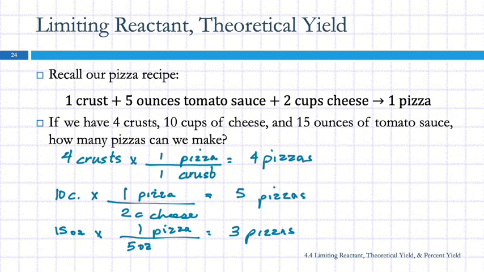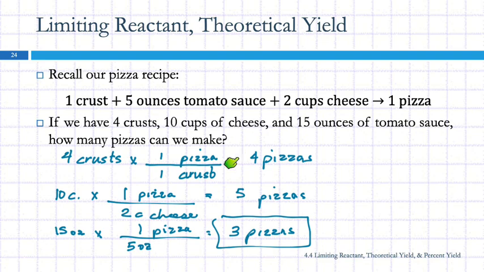Are there crusts left? Yeah, there's a crust left. Is there cheese left? Yeah, there's cheese left. Can I make a pizza out of that? No, maybe I could make cheesy bread, but that's not pizza, right? So the smallest one of these is the amount of product we can make.